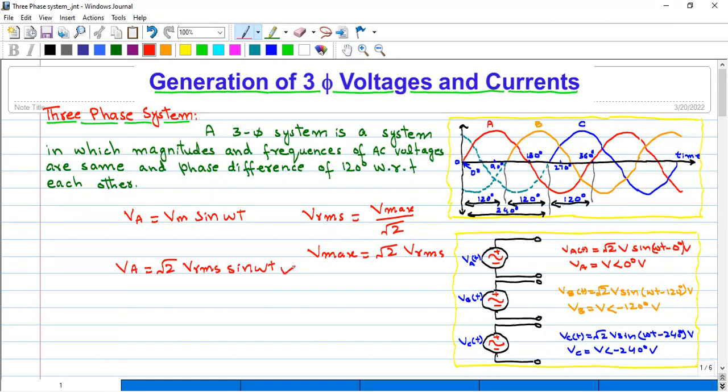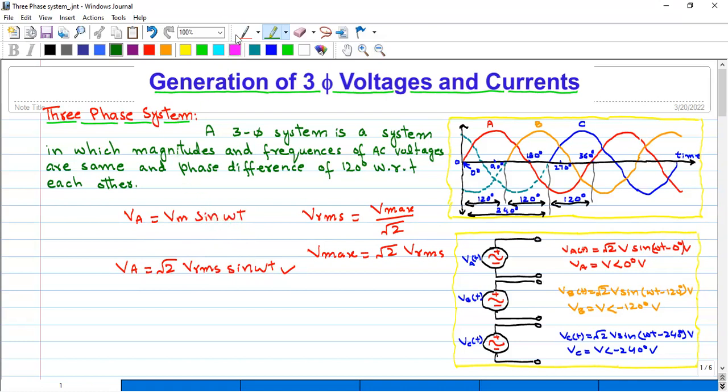So this is the voltage of phase A, as you can see here in this figure. So the equation of the voltage of phase A is VA equal to under root 2 times Vrms into sine omega t, or we can write phase A voltage VA is equal to Vm sine omega t.